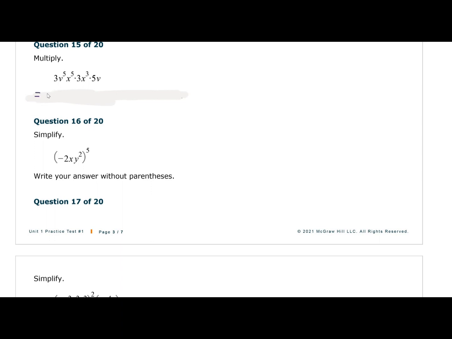All the numbers go together, like 3 times 3 times 5. All the x's go together, x to the fifth power times x to the third power.